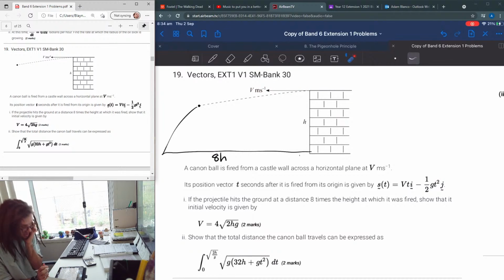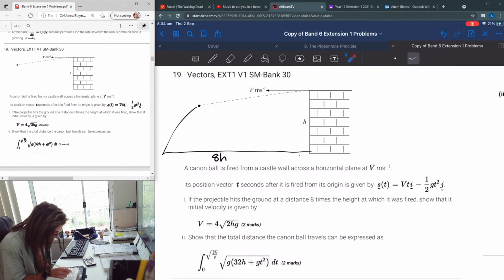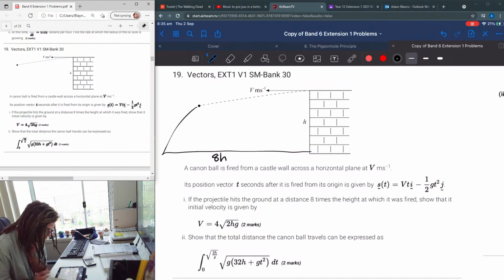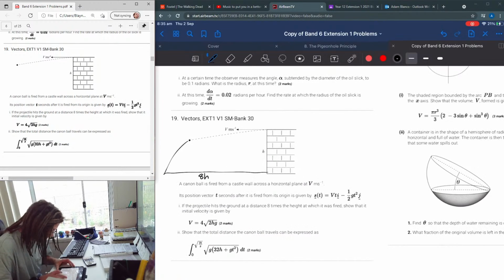It doesn't matter at the end of the day, it could be fired this way, but I think it's strange that they've given a position vector where the x value seems like it's traveling right. It doesn't change the calculation, but I feel like the picture's a bit strange. I'd like to hear your opinion on that.